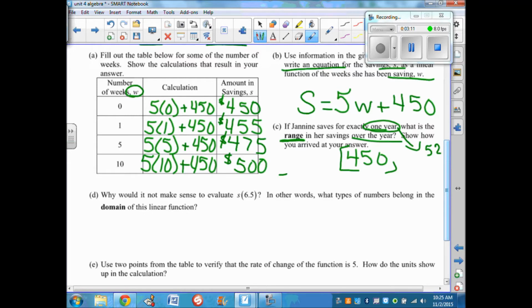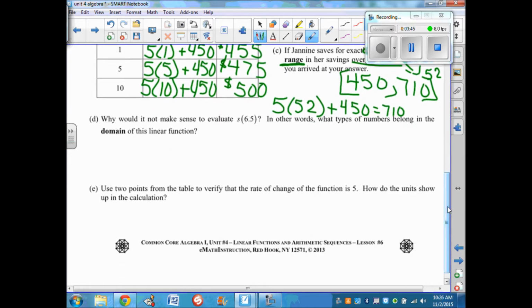So if we take our model, 5 times 52 weeks, because it's $5 per week, plus what she started with, that gets us to $710 at the end of the year. So her range goes from $450 all the way up to and including $710.